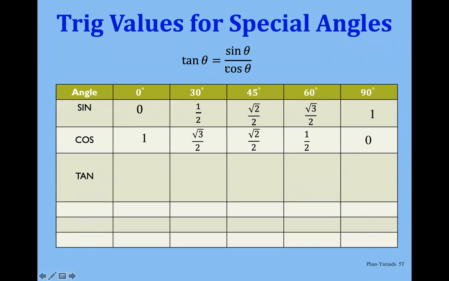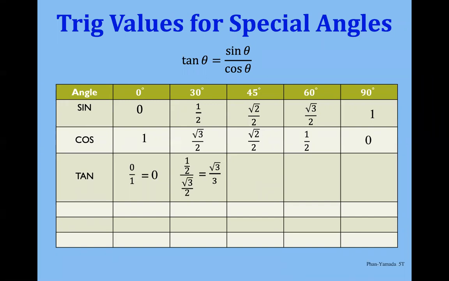Now we go to tangent. So remember, the tangent formula is equal to sine over cosine, right? Therefore, I'm going to take sine of 0, I take this number, and I divide. So 0 divided by 1, so I have 0. And then I have 1/2 divided by radical 3 over 2. You simplify, then you can have radical 3 over 3, or you can leave it alone. 1 over radical 3 is good, okay?